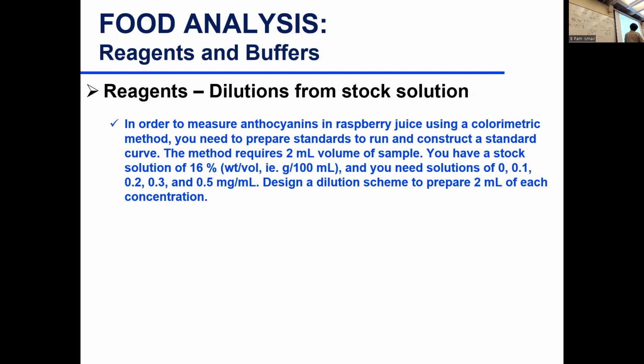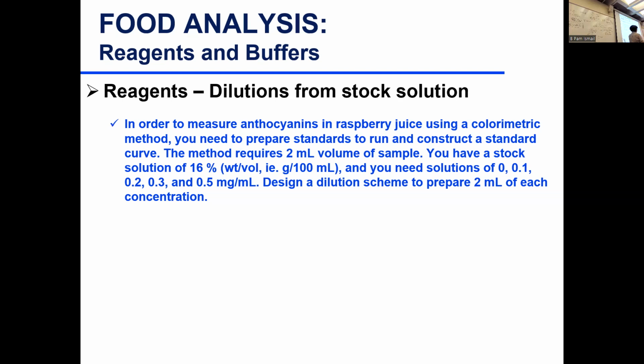So here you are measuring anthocyanins in raspberry juice. In order to calculate the concentration of anthocyanin in the juice, you have to run an anthocyanin standard curve. So basically you buy an anthocyanin standard and you prepare a stock solution. From there, you want to prepare 2 milliliter of your standards, where one has a concentration of 0, that means nothing.